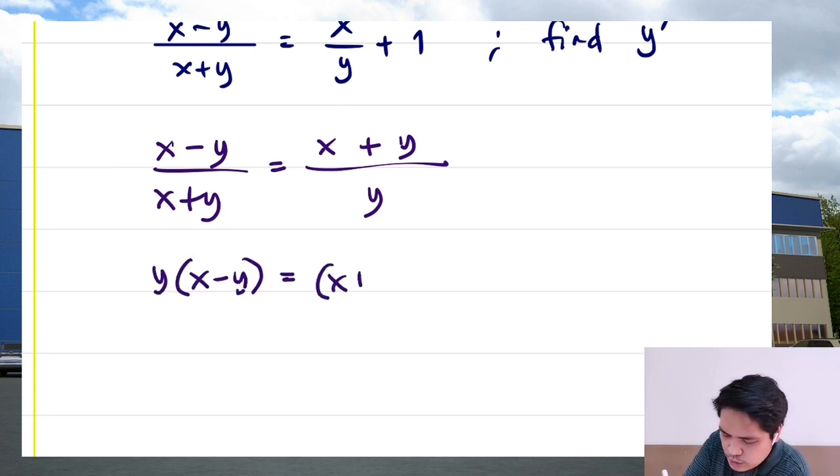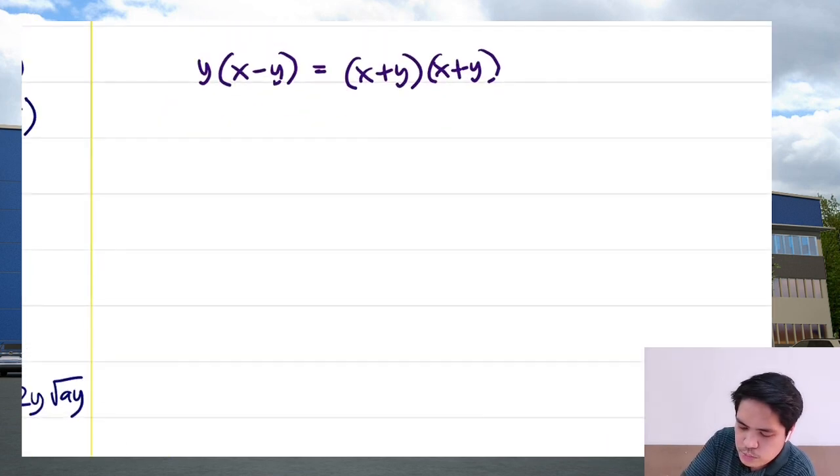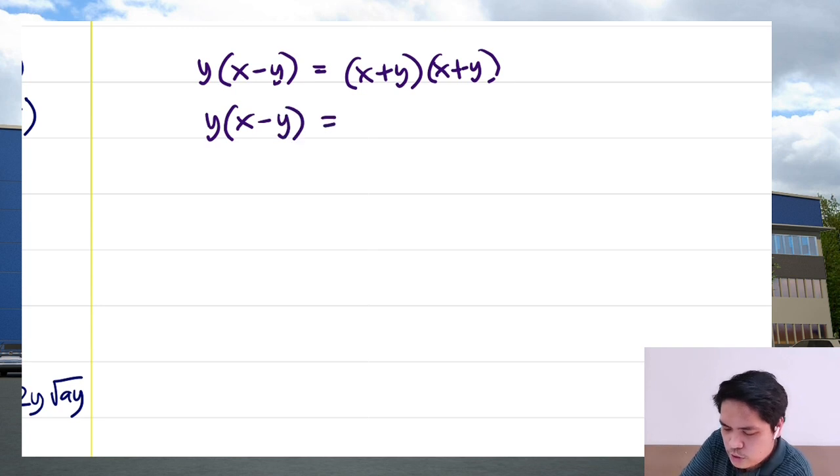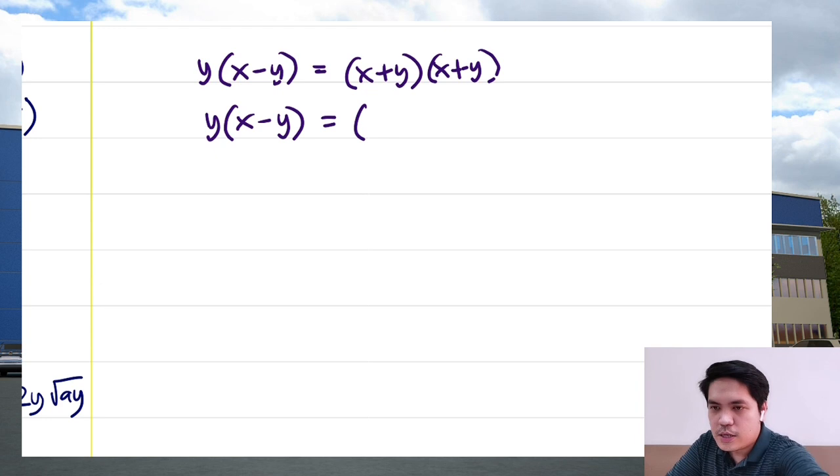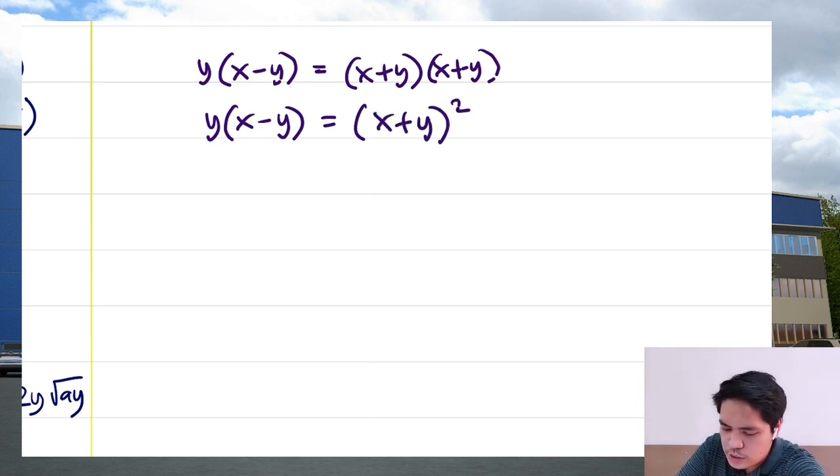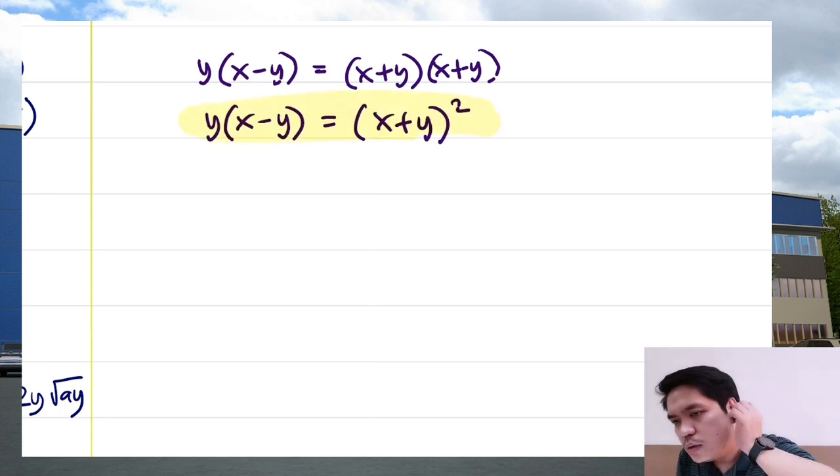That's equal to x plus y times x plus y. And I think this is much simpler than the first expression or equation. So, that's y times x minus y times x plus y squared, which is much more simpler. And I think mas madali na to kunin ang derivative.